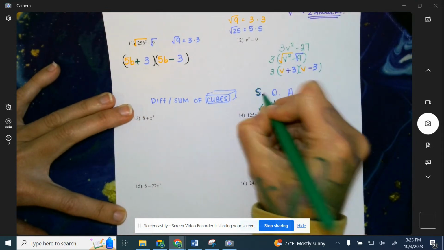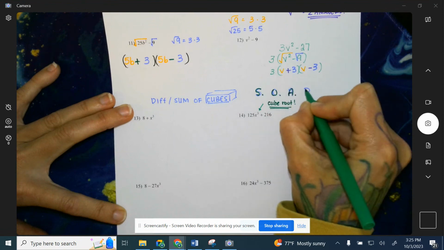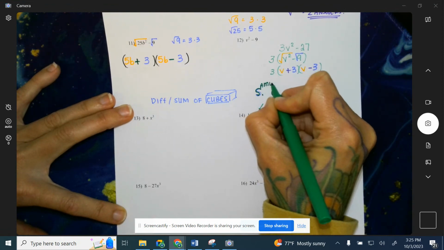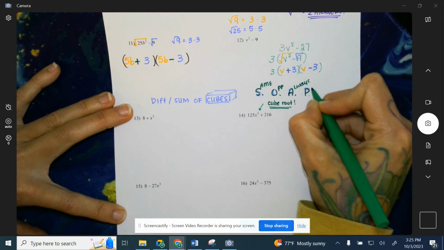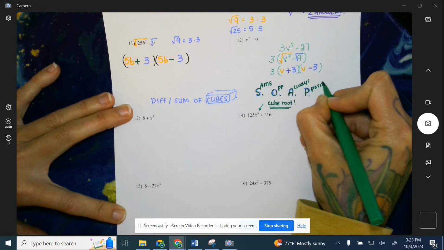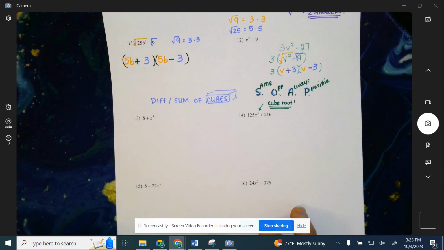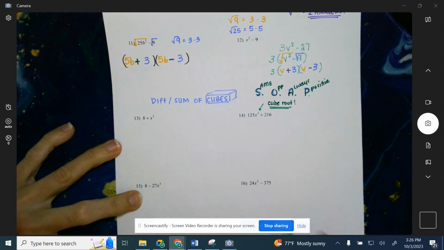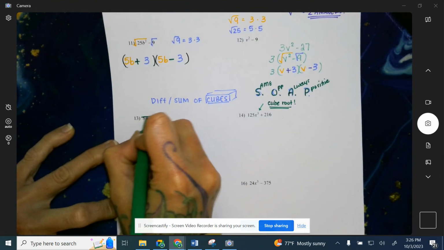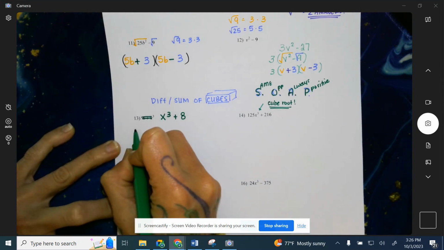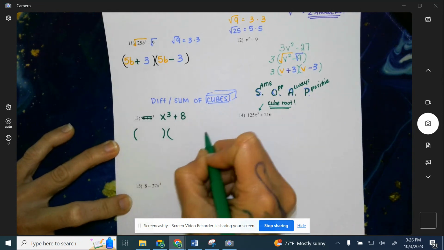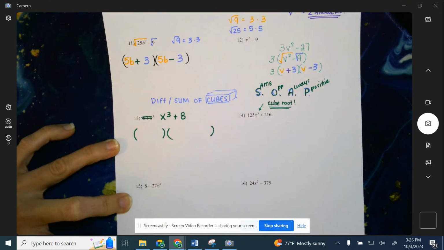Now, SOAP stands for same, opposite, always positive. Same, opposite, always positive. I'm going to rewrite this so it's in our favor. We're going to have a binomial and a trinomial.